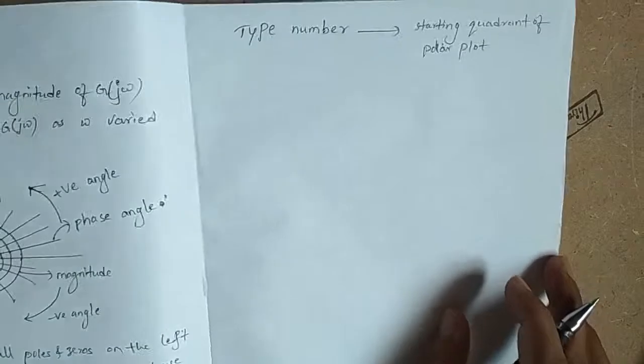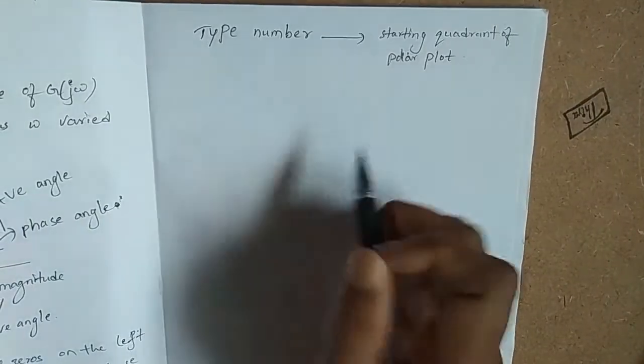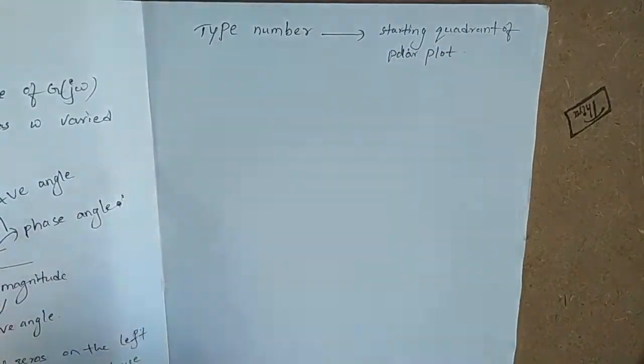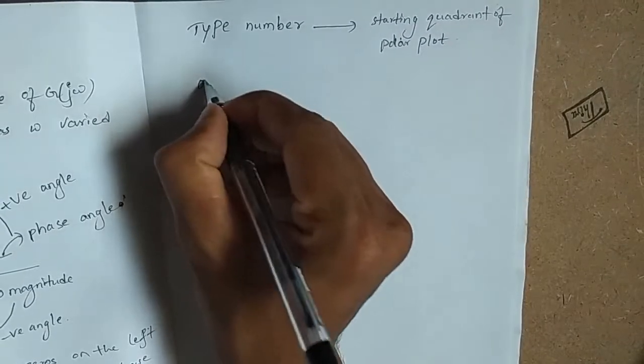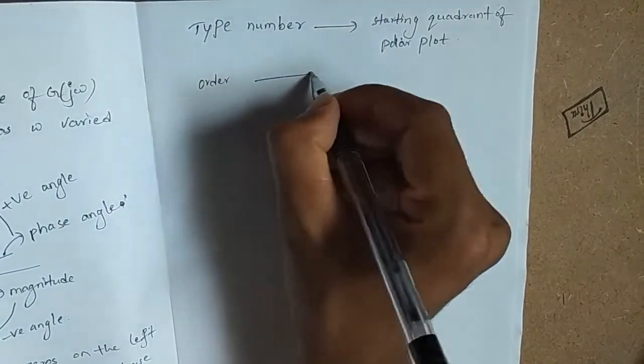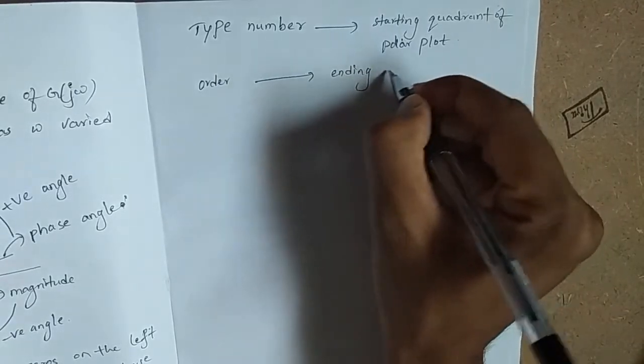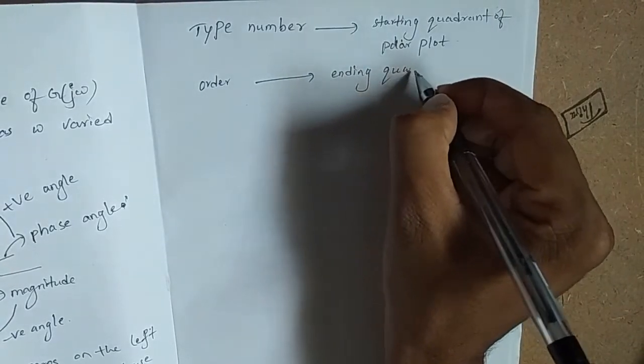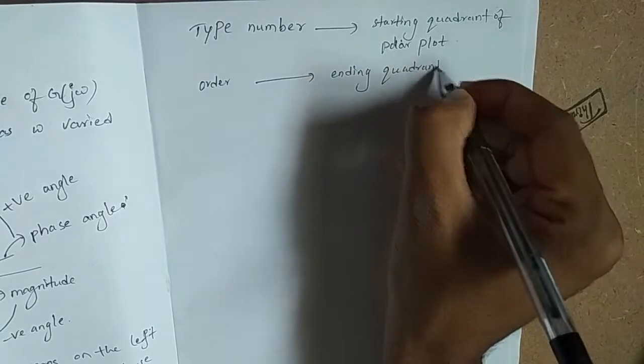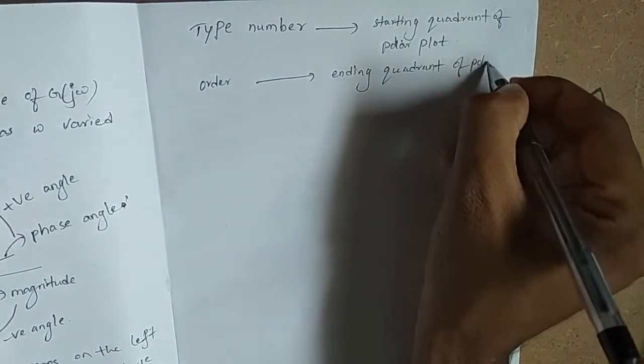It is very important: type number determines the starting quadrant of the polar plot, and order determines the ending quadrant of the polar plot.